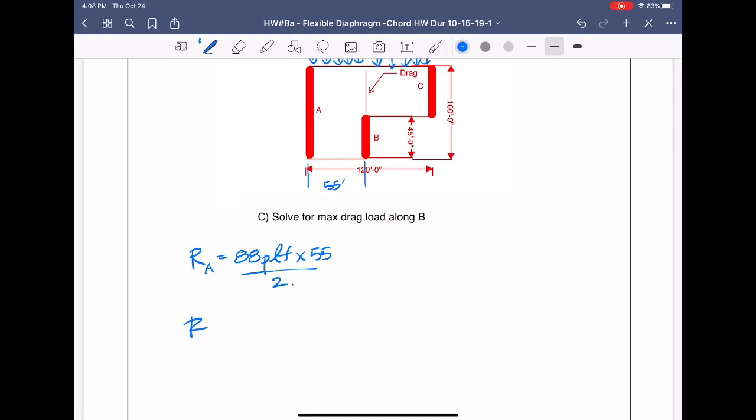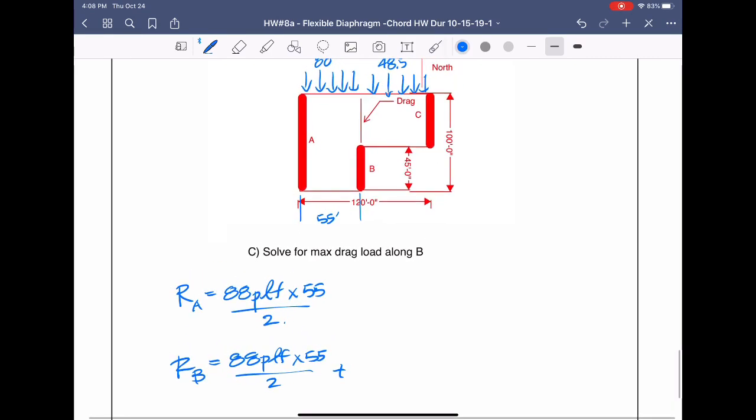Reaction at B is equal to 88 times 55 divided by 2 plus 48.5 times 65, which is in dimensions, divided by 2, right?